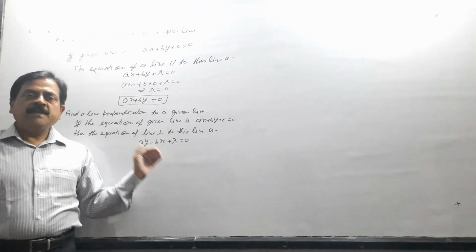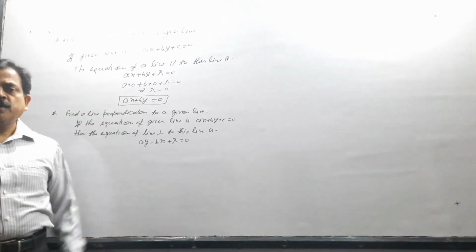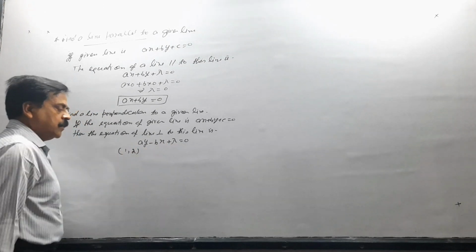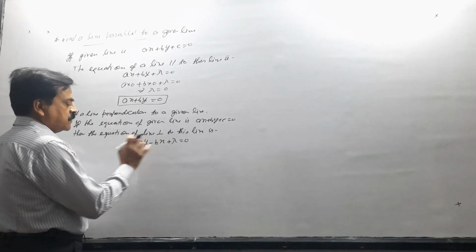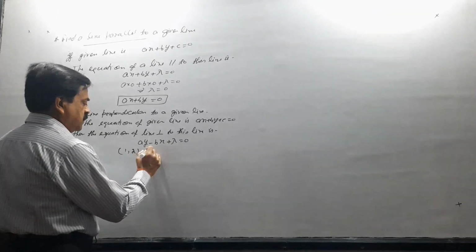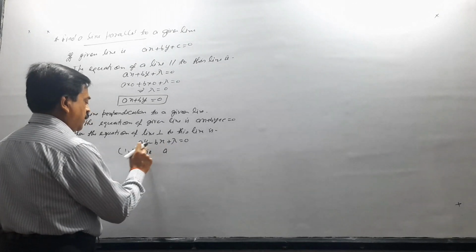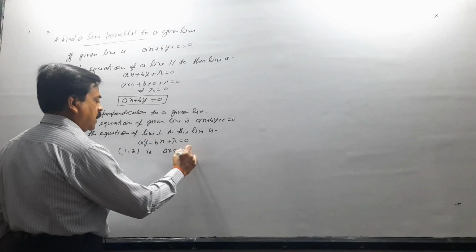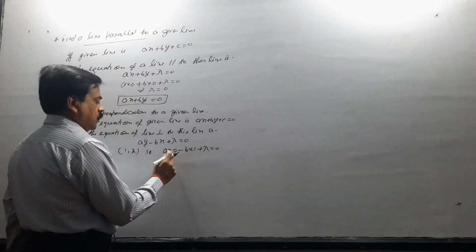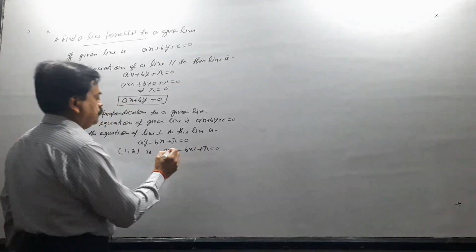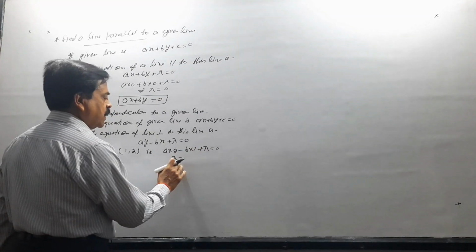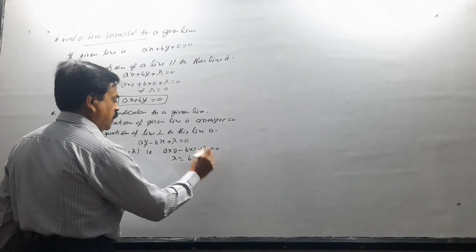And if the line passes through another point, suppose (1, 2), then replace x by 1 and y by 2 in this equation to find the value of lambda. That is, a into y, whose value is 2, minus b into x, which is 1, plus lambda equals 0. So the value of lambda equals b minus 2a.